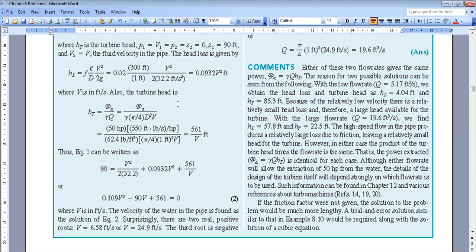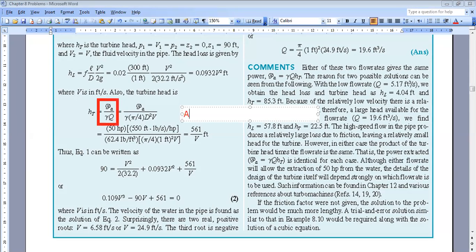Why? Because we said that V2 is equal to V, and we express the major losses as a function of V. We still need to find H turbine. And as we said together, what is the head of turbine? It's the power over gamma Q. But Q can be expressed as a function of V. Okay? So by replacing Q by area times velocity.